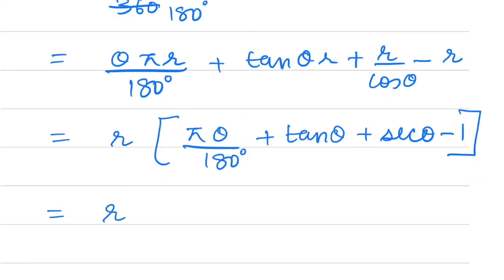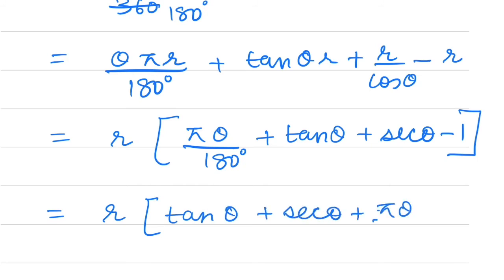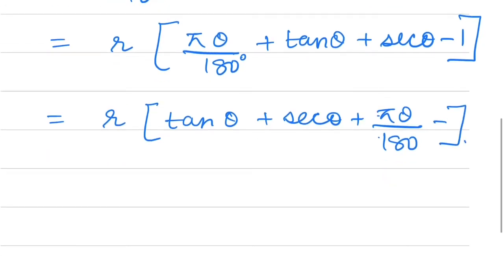So now I can write it as asked in the question: plus sec theta plus pi theta by 180 minus 1. So hence proved.